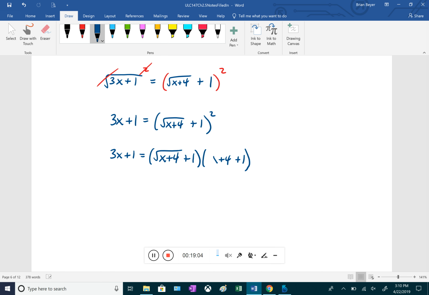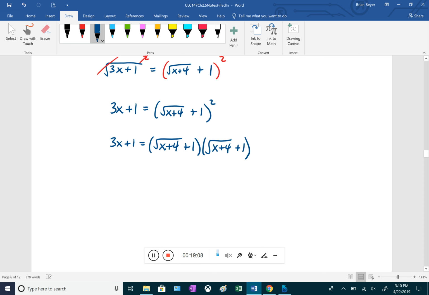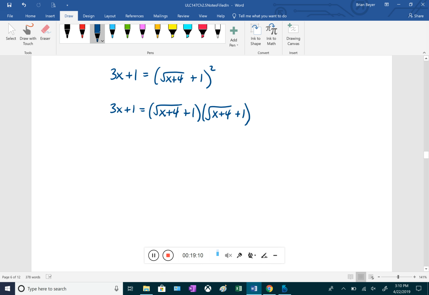And now we are going to have to FOIL that right side out. So it's pretty messy, but it's pretty doable. So the square root of x plus 4 times the square root of x plus 4, the square root is going to cancel, and we're just going to be left with x plus 4. So that was that times that. Now we have to do the square root of x plus 4 times 1, which is just plus the square root of x plus 4.